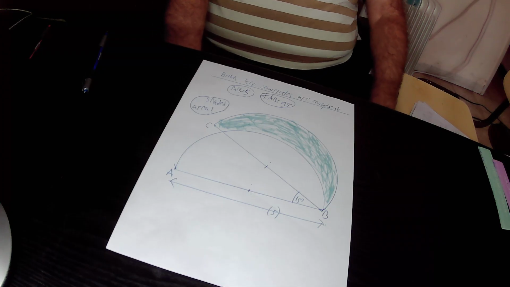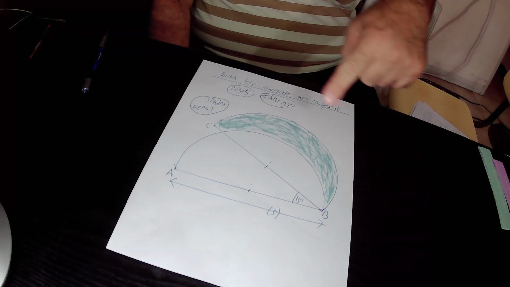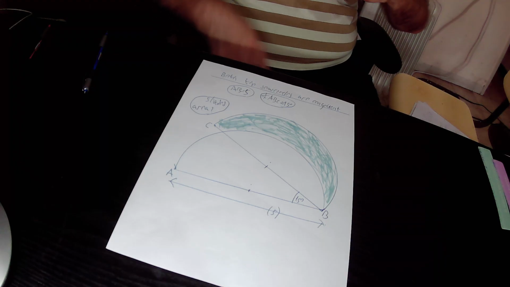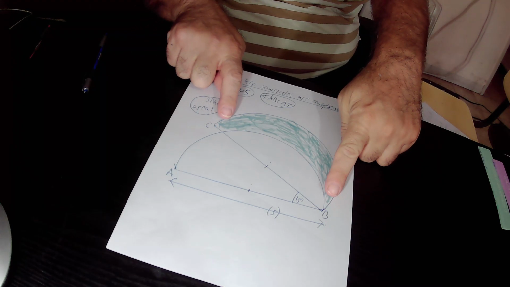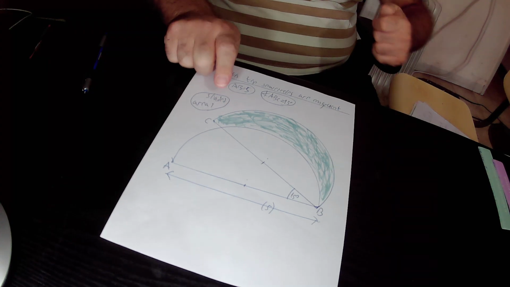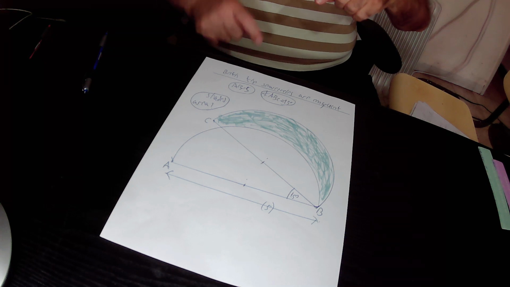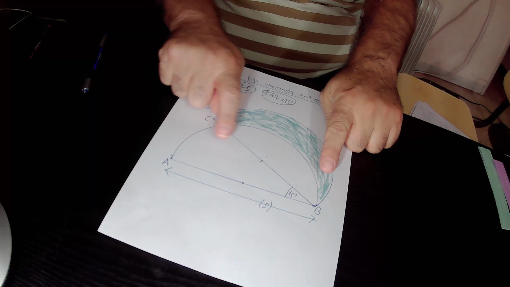Our task in this second question is to find out the size of this shaded area, or the area of this shaded region. So in the drawing you have those two semicircles that intersect with each other at those 2 points, and we know that AB, that is the diameter of this semicircle, is equal to 5 units.